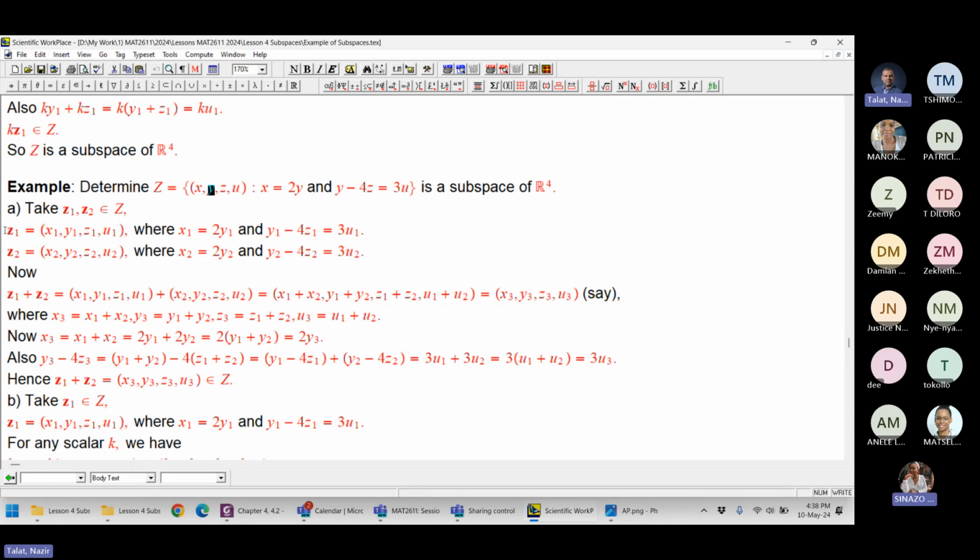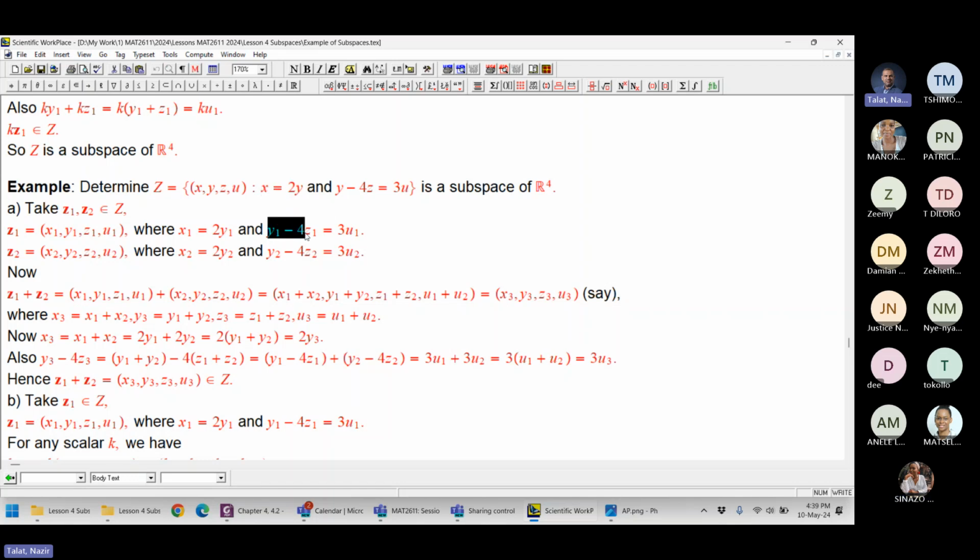Now, if we take z1, z2 belonging to this capital Z, then z1 must be of the form (x1, y1, z1, u1), where x1 equals 2y1, because z1 belongs to the capital Z, so it must satisfy these relations.